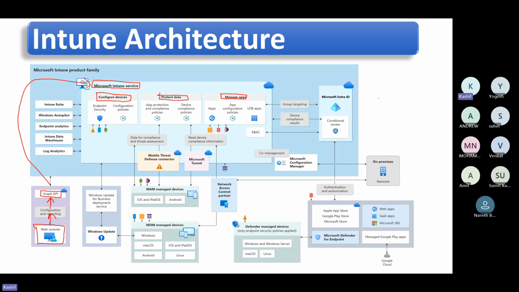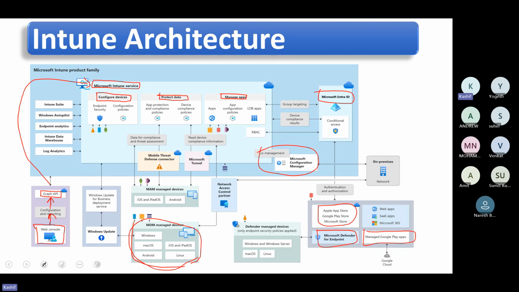Intune has various integrations, like integration with Microsoft Entra ID, SCCM, App Store, Google Play Store, Microsoft Store, managed Google Play Store, and Windows Defender. Plus, what all devices can Intune manage?